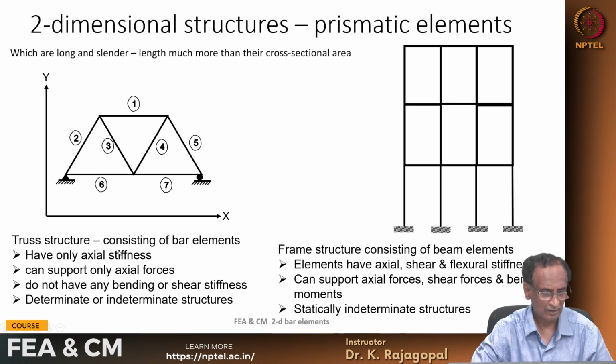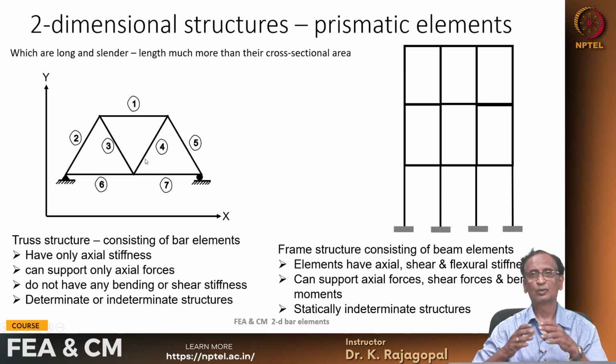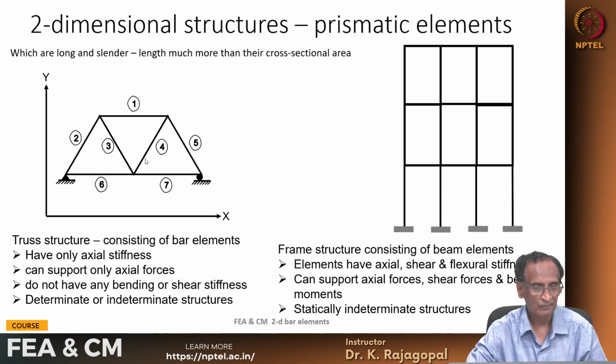so they have only axial stiffness, and they do not have any bending or shear stiffness. These structures could be either determinate or indeterminate, and I hope that you already know what they are.